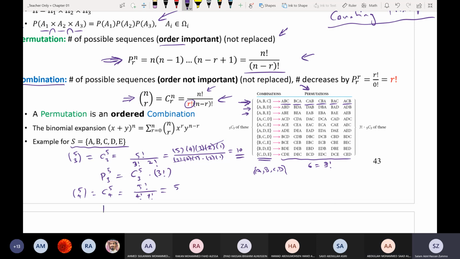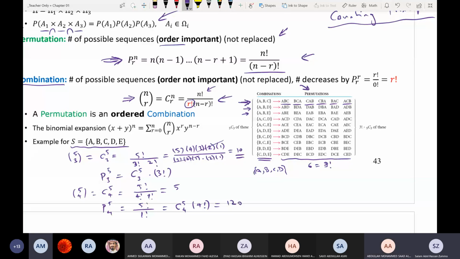So the number of permutations equals 5 factorial divided by 1 factorial, which is C(5,4) multiplied by 4 factorial, right? Which equals 5 factorial: 5 times 4 is 20, times 3 is 60, times 2 is 120.